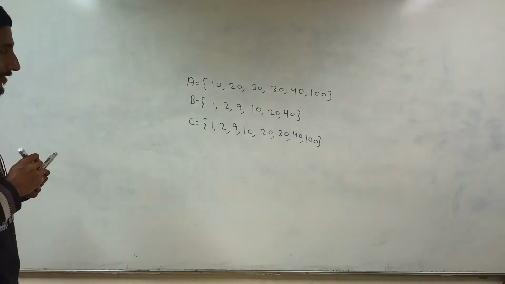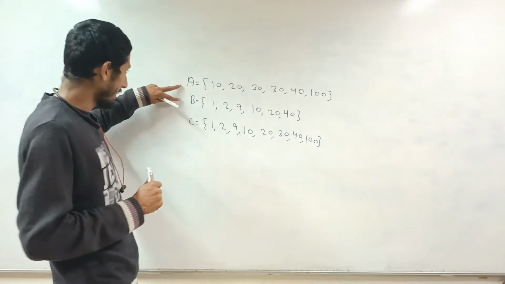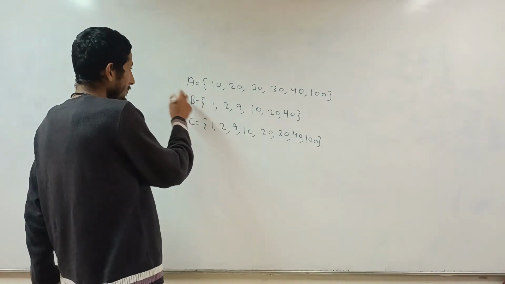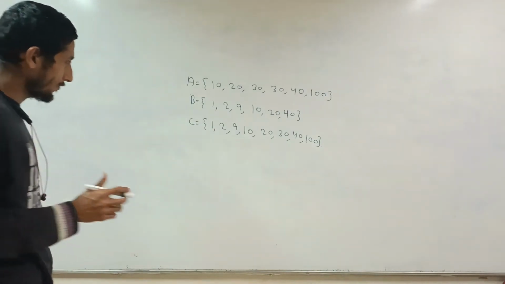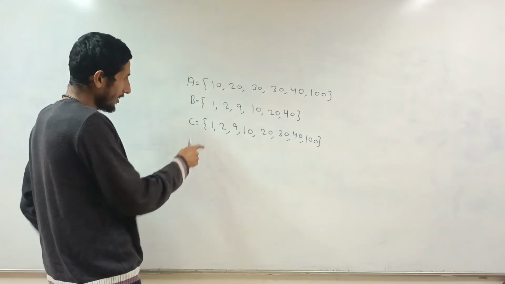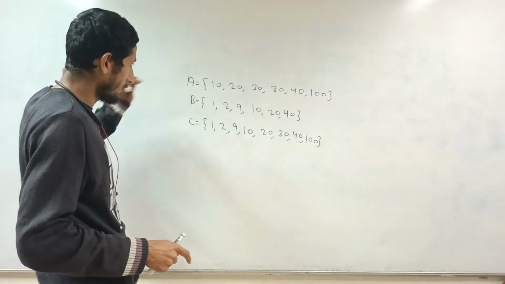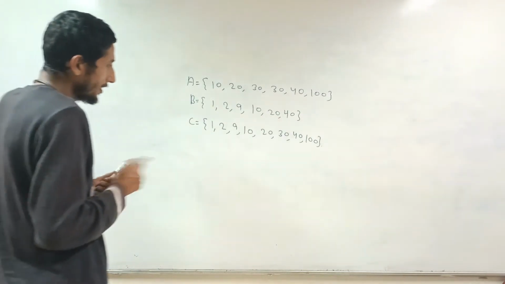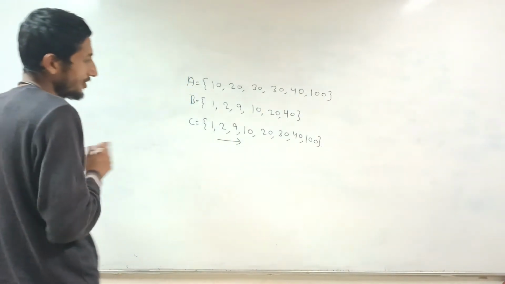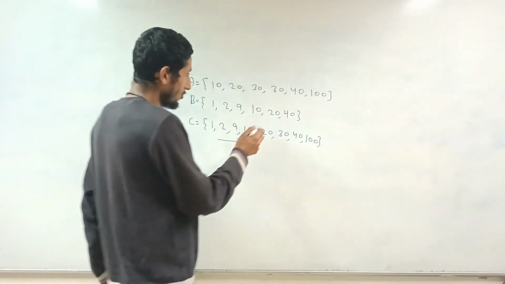Let me repeat the question. Two arrays are given to you and it is already given that these two arrays will be sorted. You have to build a third array that should contain the elements of A as well as the elements of B, but the elements should be in increasing order, and there should not be any duplicate elements.